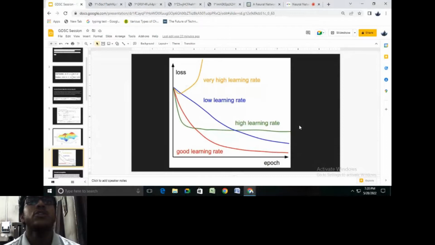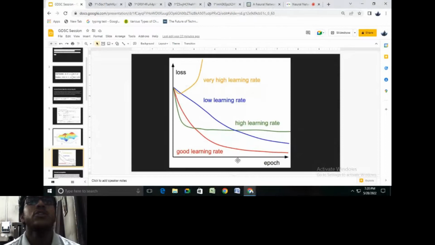So as the number of epochs, or as the training increases, we can be certain that the loss decreases. So with a low learning rate, it will take many more epochs, or much more training, for the loss function to be minimized.